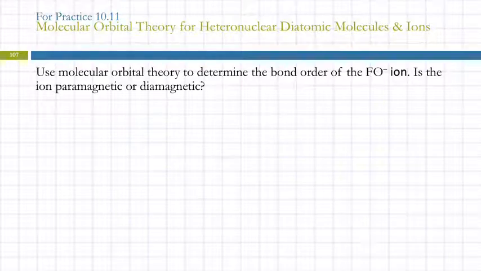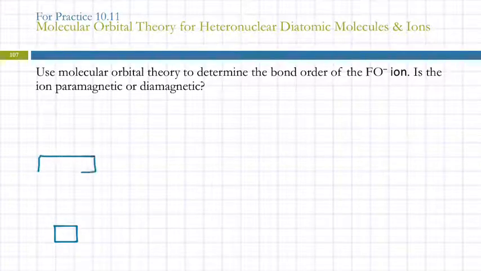Okay, use molecular orbital theory to determine the bond order of the FO minus ion. Is the ion paramagnetic or diamagnetic? So let's start by drawing the orbital diagrams for fluorine and for oxygen. So we've got 2p and 2s.